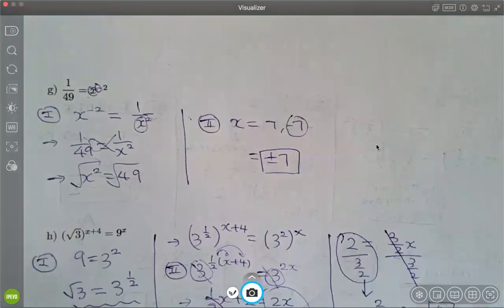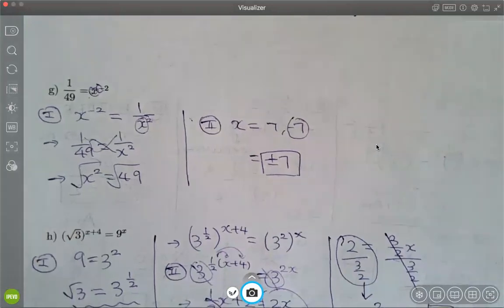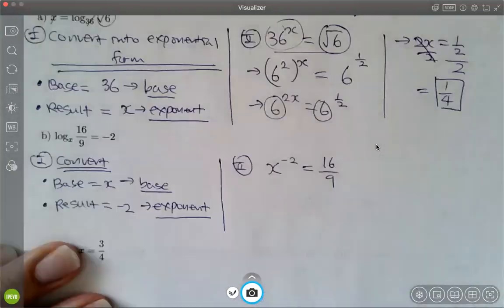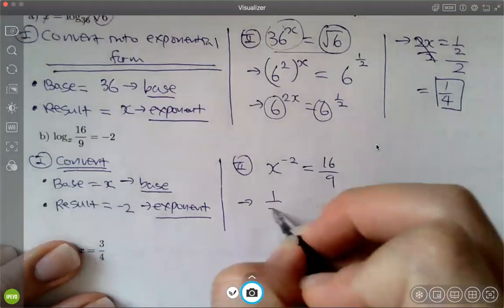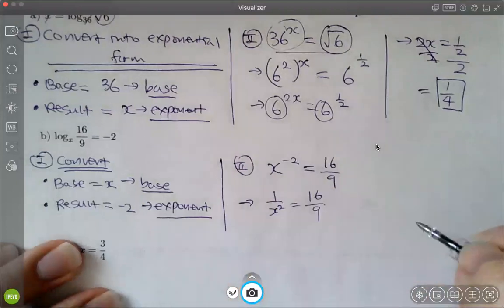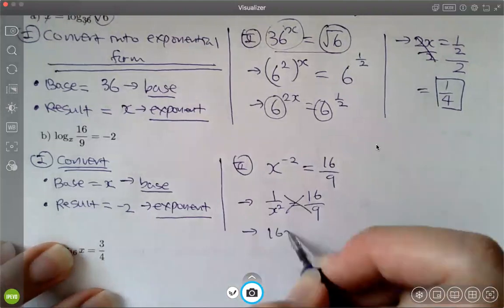And then we used the square root method. Remember that? Okay, so can we do the same thing here? Yeah. So this is equal to 1 over x squared is equal to 16 over 9. And then cross multiplication gives us what? 16x squared equals 9, right?